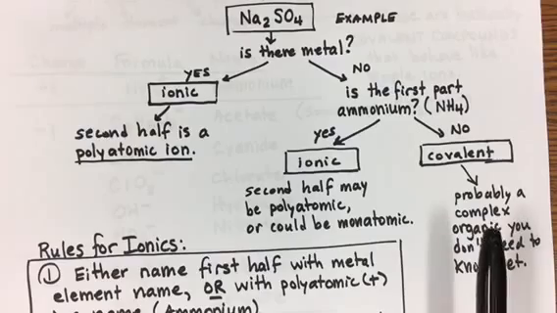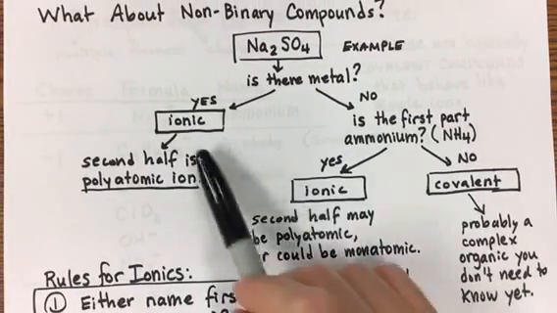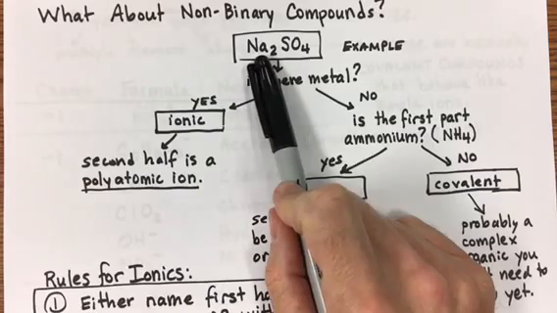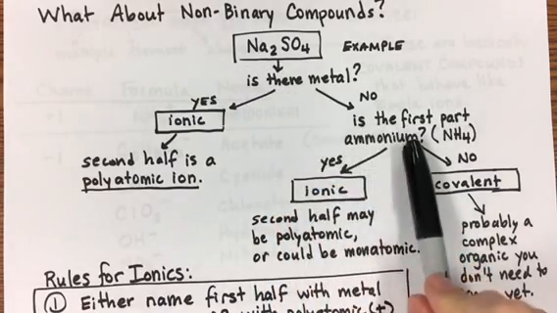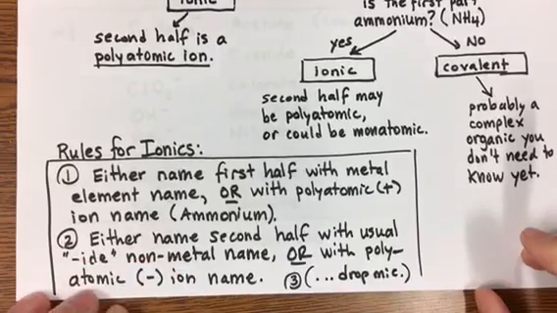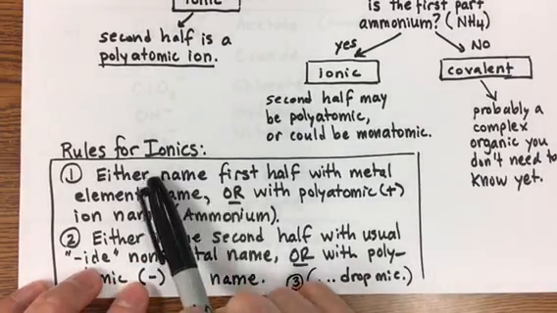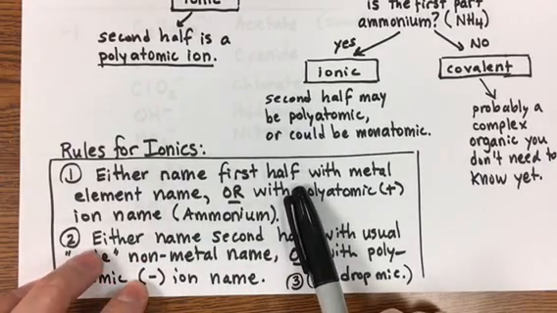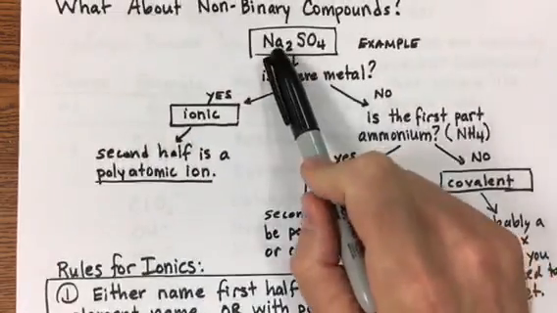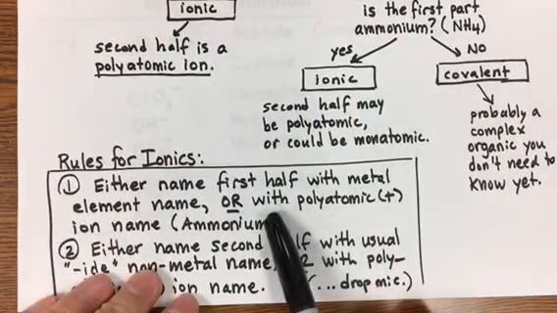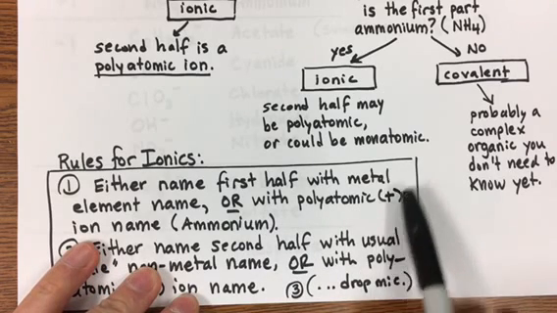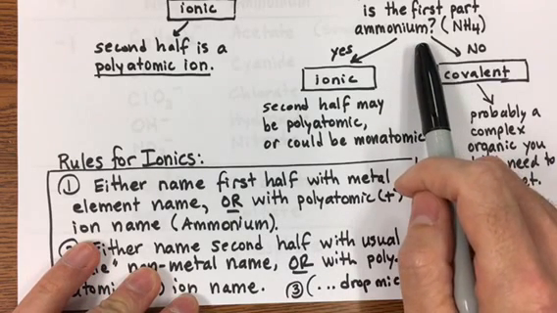So in the case that you find that this is going to be an ionic compound because the first part of it is a metal or the first part of it is ammonium, then here are some rules that we're going to follow for naming. First of all, you're going to either name the first half with the metal element name, such as sodium in this case, or you're going to name it with the polyatomic positively charged ion name, and the only one I'm going to ask you to know is ammonium.